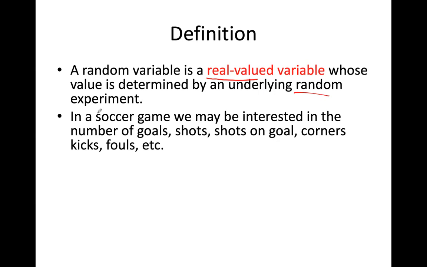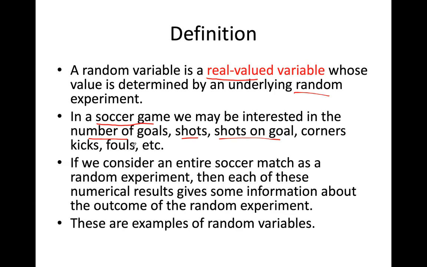For example, in a soccer game, we may be interested in the number of goals, number of shots on goals, number of corners, number of falls. All these things are numbers, right? So we might be interested in such numbers that would explain the random experiment, which can be explained as a soccer match.